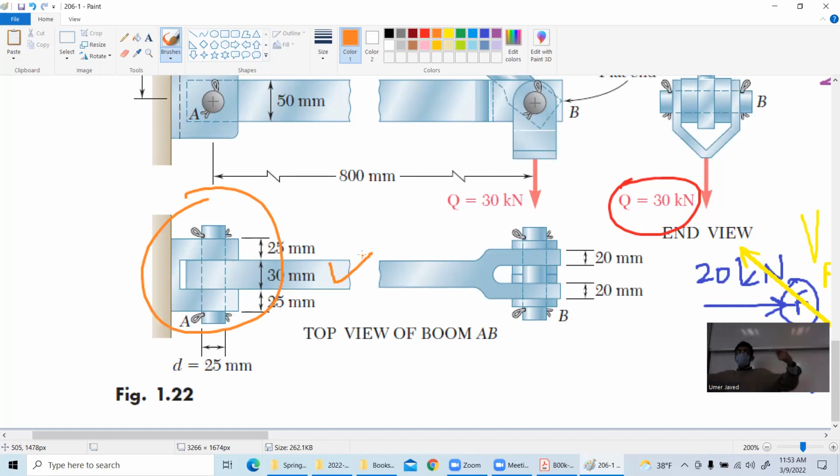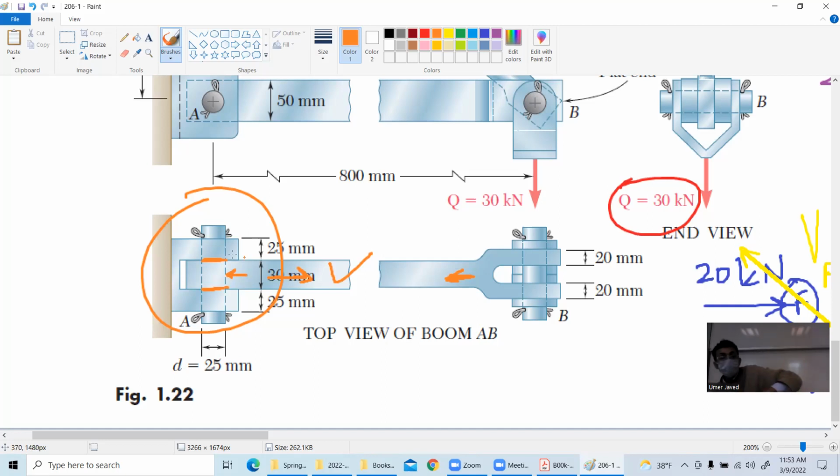The load was like this on this bar, and then we drew arrows like this. Then we said on the pin, it will put a load like this, and this pin can break in two portions. It can break from here and it can break from here.